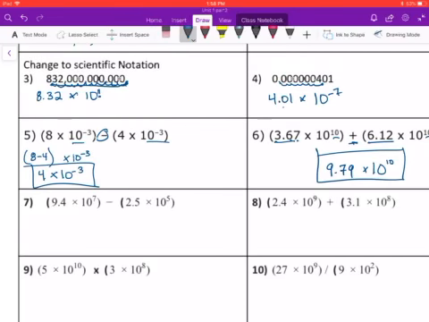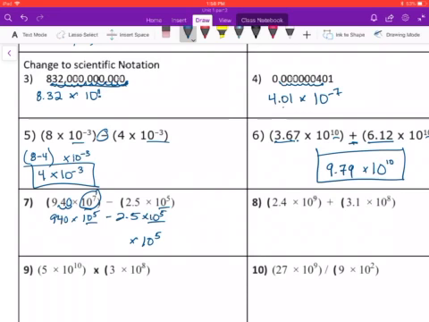Subtracting again. Uh-oh. Bummer. Now I got to change something. I'm going to change this one, because it's bigger, to 10 to the 5th. And because I reduced it by 2, I move my decimal over 2, and this becomes 940. And then I'm going to subtract 2.5 times 10 to the 5th. Now I have the same exponent, so it's going to stay 10 to the 5th. 940 minus 2.5.